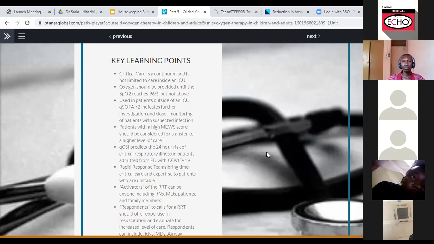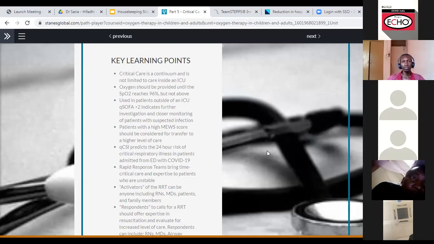learned that critical care is not only care inside the ICU. I think that is the first point we learned today, meaning that you can provide critical care service anywhere. It is not necessarily being in the intensive care unit. The thing you need to know is who should provide that care, with what equipment or drugs.